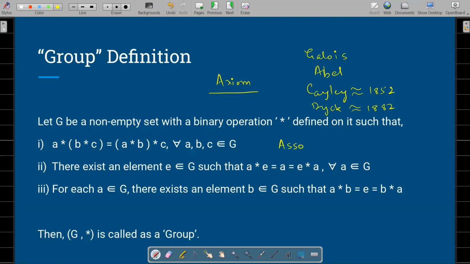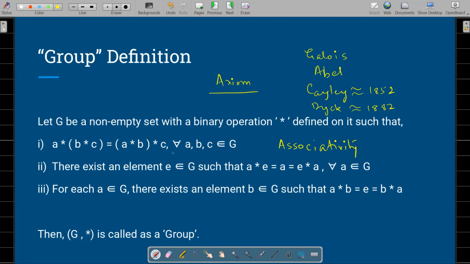We have some non-empty set G, and there is some binary operation, for example addition on integers or real numbers, rationals, multiplication, etc. Such operations, and this property is called associativity: (A star B) star C is equal to A star (B star C). I'll talk a little more about this property afterwards.